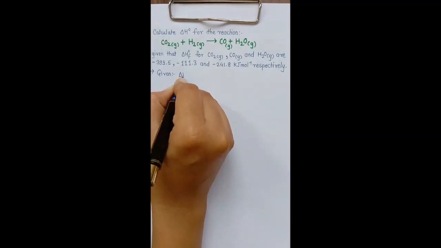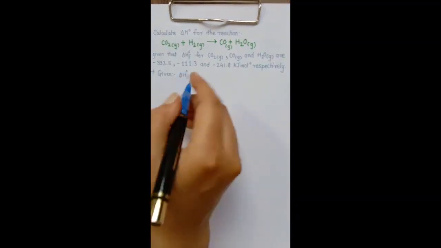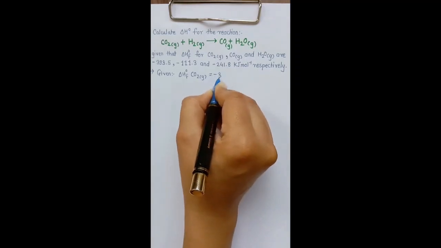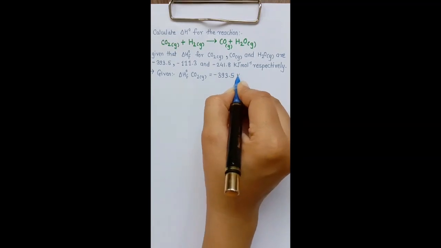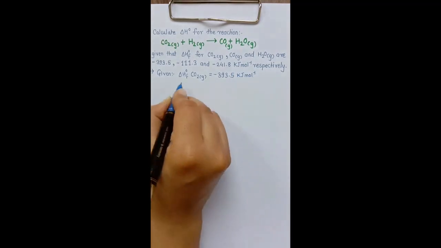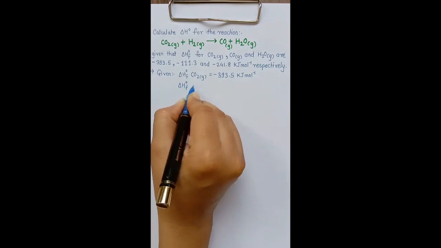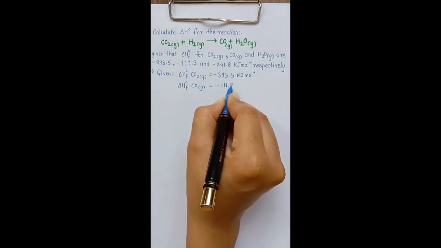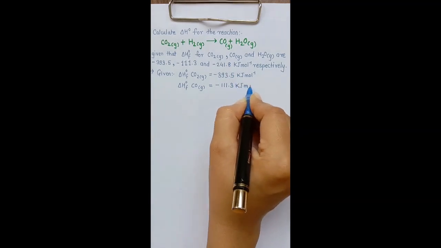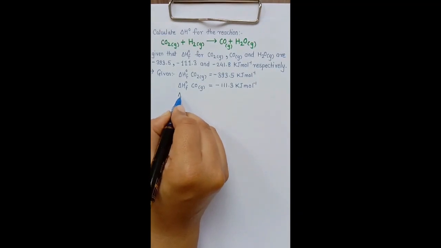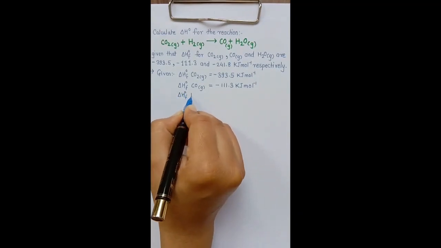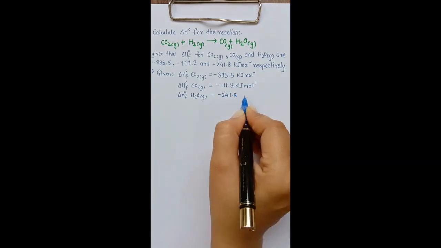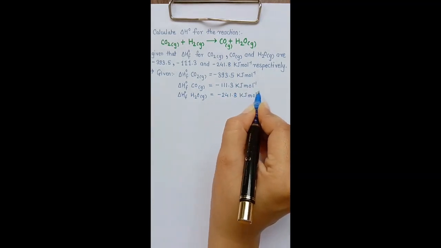Delta HF naught for CO2 is equal to minus 393.5 kilojoule per mole. Delta HF naught for carbon monoxide is equal to minus 111.3 kilojoule per mole. And delta HF naught for H2O is equal to minus 241.8 kilojoule per mole.